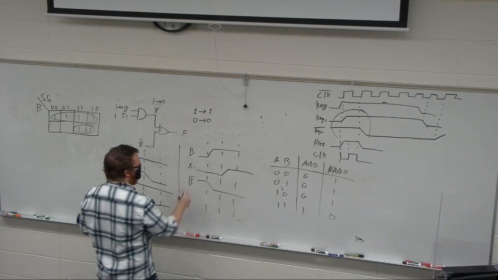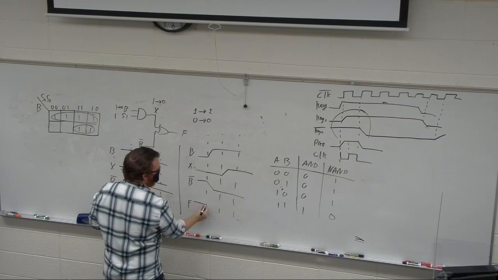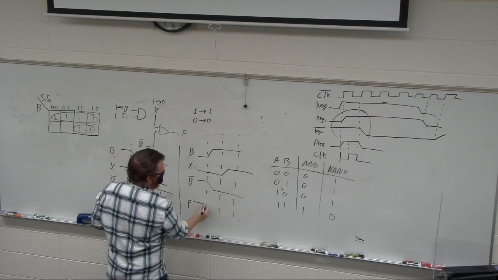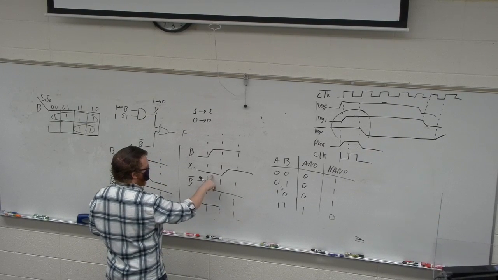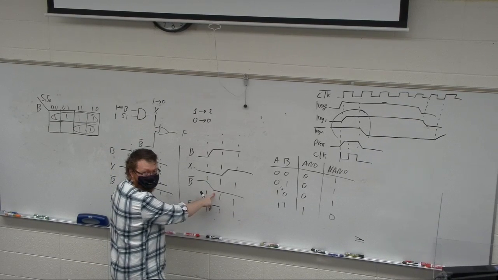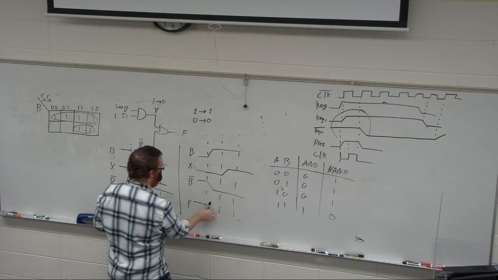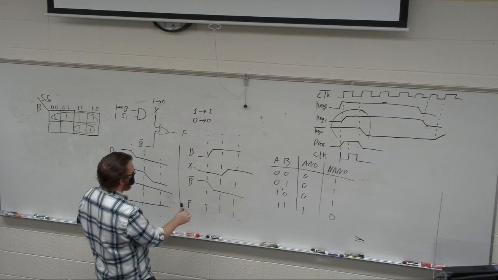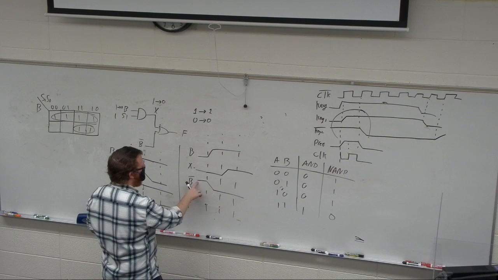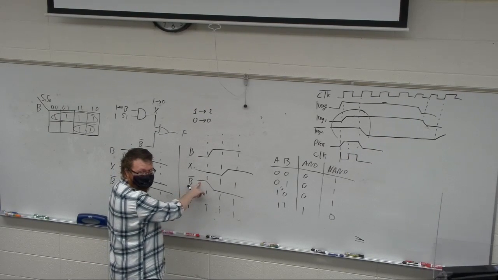So what does F do? Well, F starts at 1 because I have B bar. I have to wait for a gate delay. But then here, X is 0, B is 0. Wait, shoot. Is F supposed to be at 1 here? Double check. B bar is 1. Ah, yes, this is fine. So B bar is 1, right?